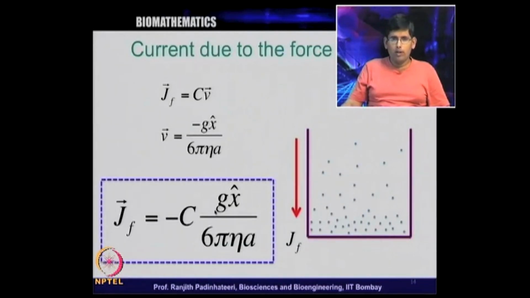Now, this flow leads to one interesting thing, that it makes the concentration more here and the concentration less here. If the concentration is more here and less here, diffusion can happen, because diffusion is a flow from higher concentration to lower concentration.